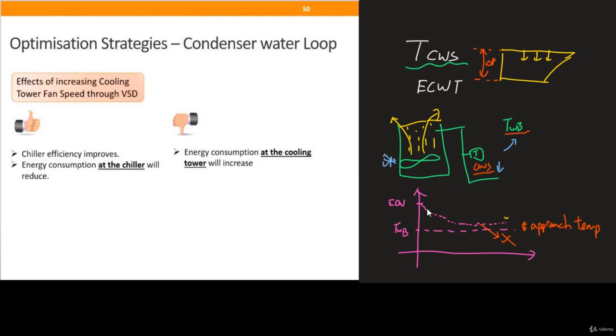You have to increase the speed very much until it is very near to the ambient wet bulb temperature. And during a hot and humid day, let's say your wet bulb temperature is shifted up, no matter how hard your cooling tower is working, it will never achieve a very low entering condenser water temperature, because it's always limited by your weather condition.